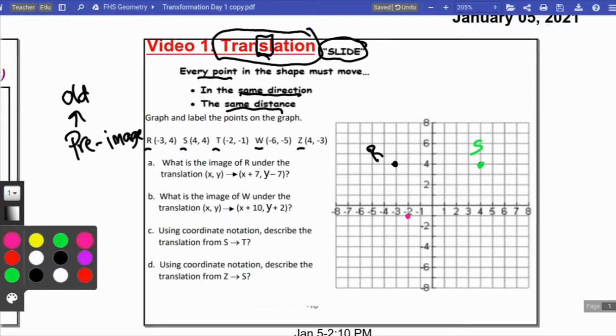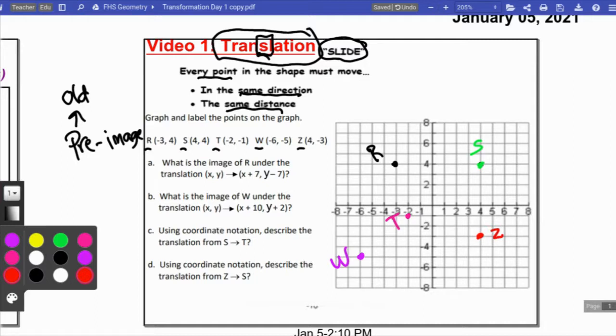There goes T. What's the next one? W. W is -6, -5. And that will be W. Z. Z is 4, -3. And that will be Z.